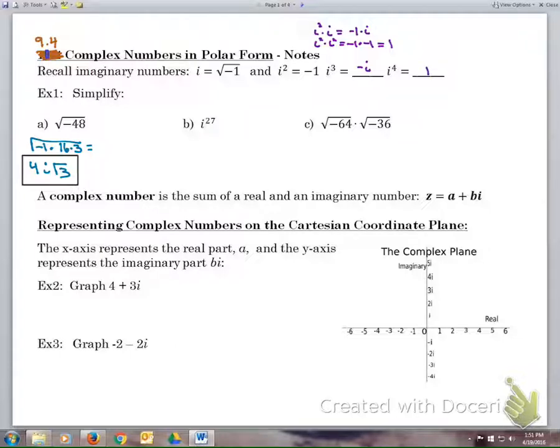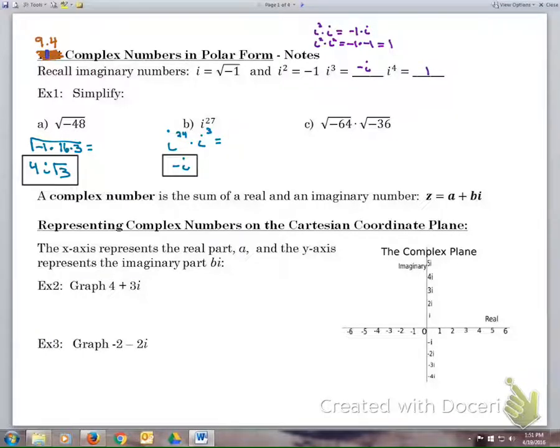So the largest number that goes into 27 is 24. So you can write that as i to the 24th times i to the 3rd. And as you look above, you can see i to the 3rd is negative i. And like I said, i to the 24th is 1. So your answer would be negative i.